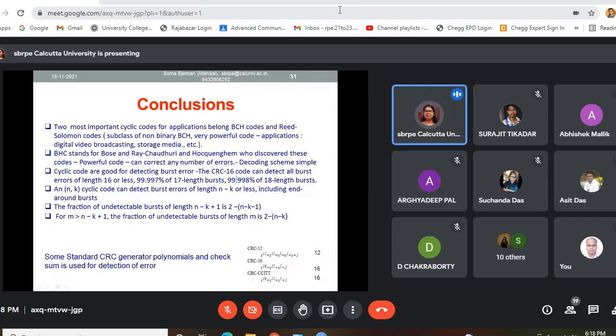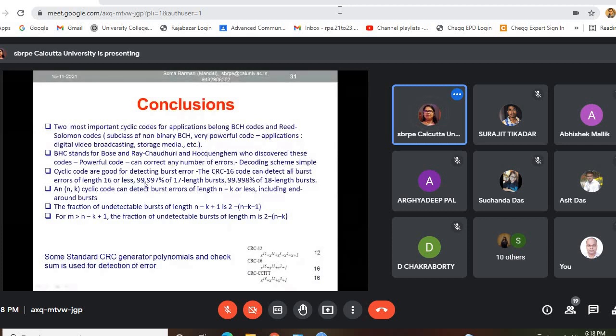So the CRC-16 code can detect all burst errors of length 16. That means if 16 bits are in error, they can be detected by CRC-16, and its performance is 99.99%.